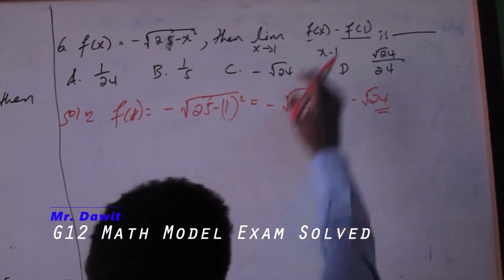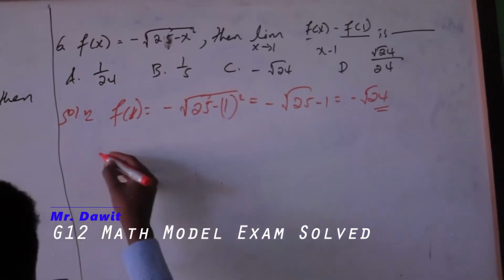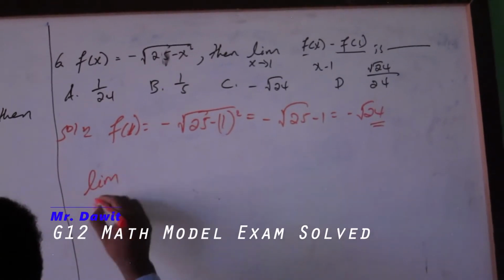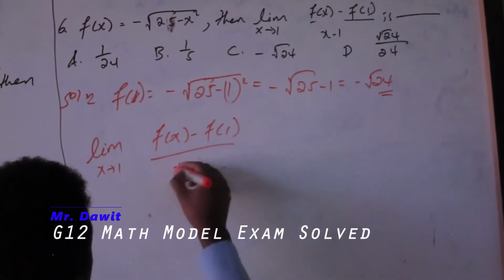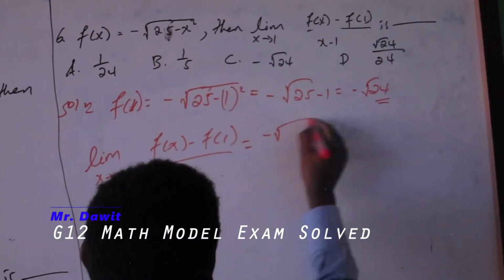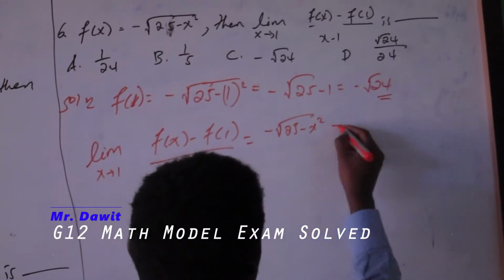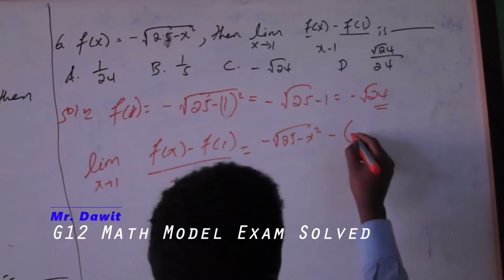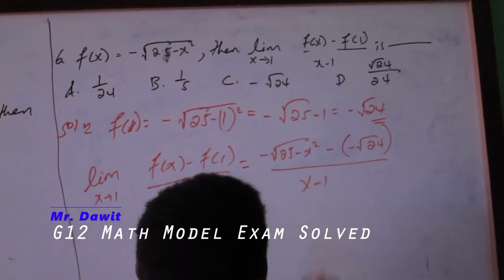So we can substitute this, and finally we have to rationalize it. The limit as x tends to 1 of f of x minus f of 1 over x minus 1 becomes the negative of the square root of 25 minus x squared minus the negative of the square root of 24, divided by x minus 1.